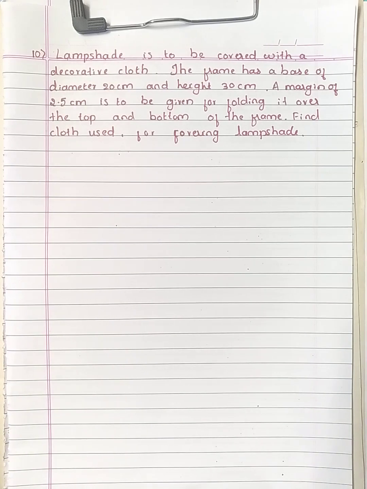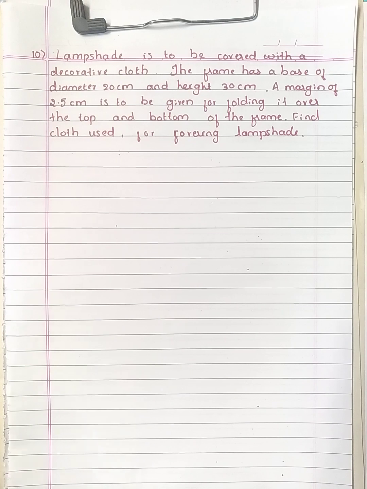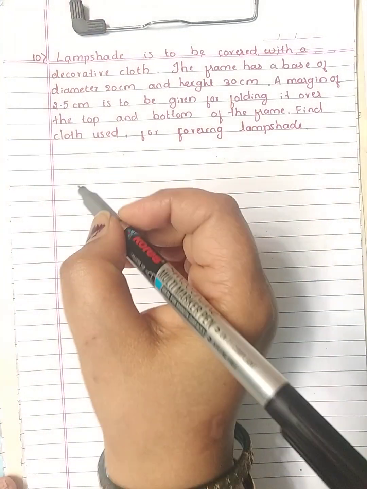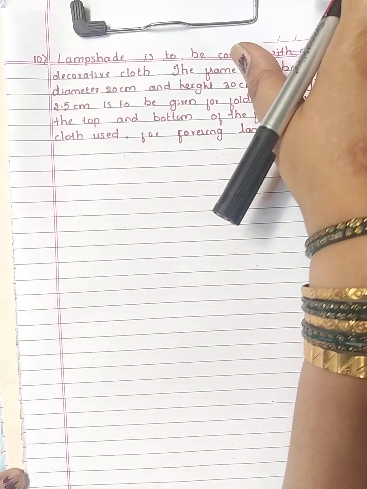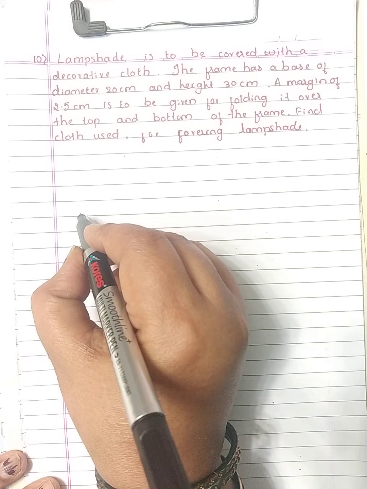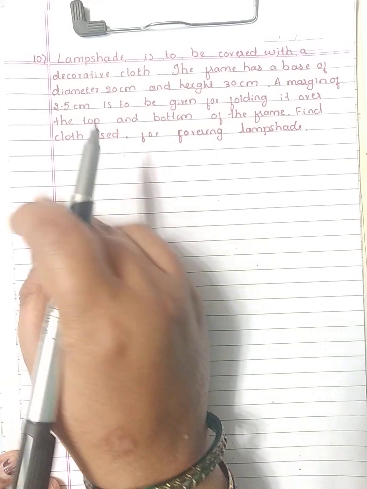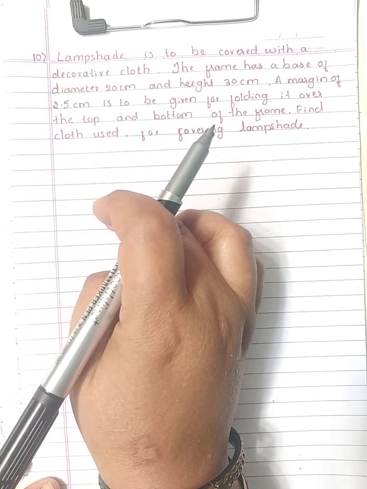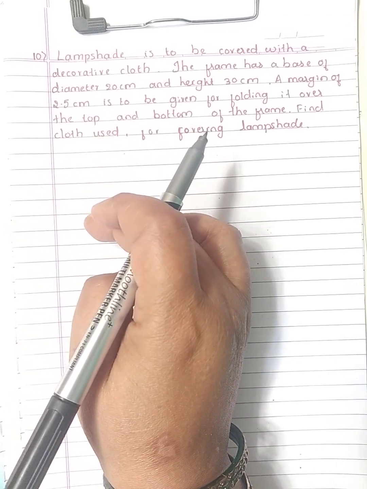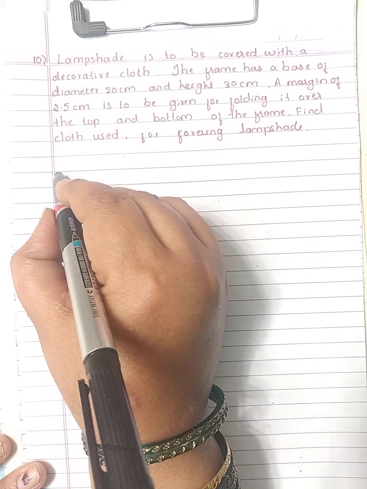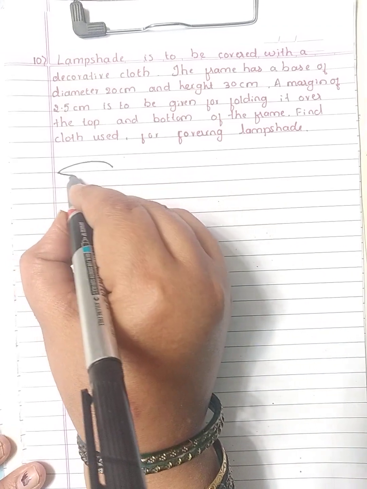So the question says a lampshade is a decorative, cylinder-shaped item. It is used to cover electric bulbs. Suppose it will be like this. Suppose this is the lamp, then it will be covered above the lamp. So it is in the cylinder shape. It is a decorative material actually.